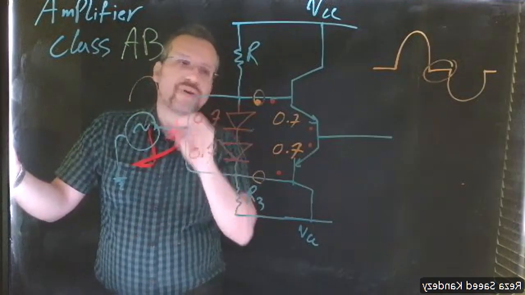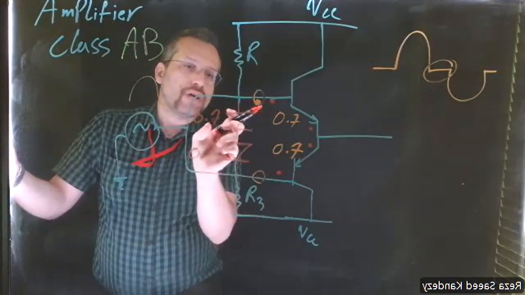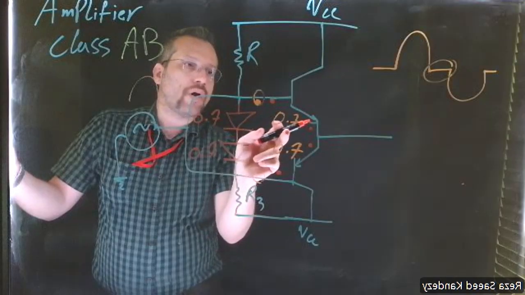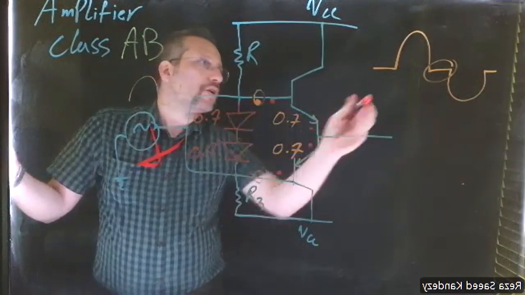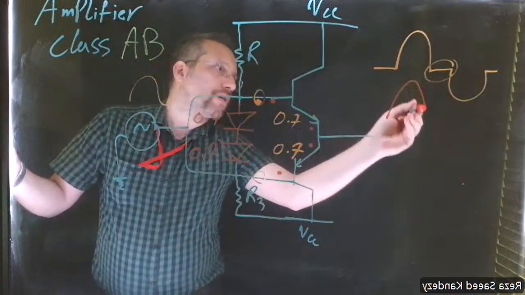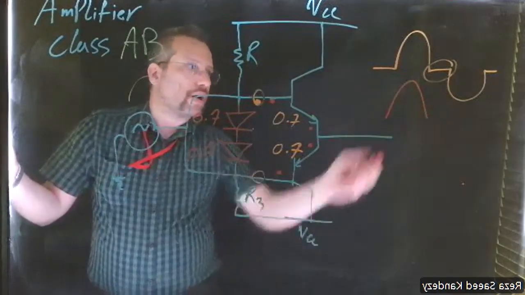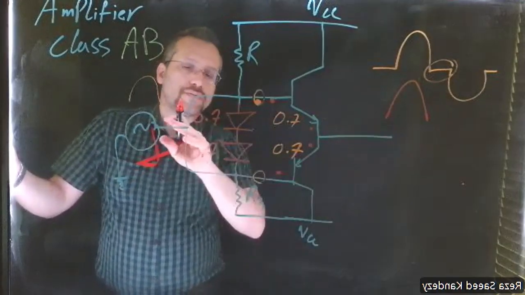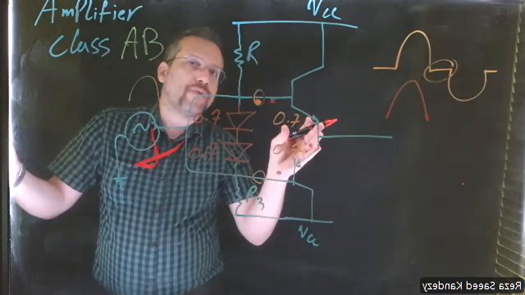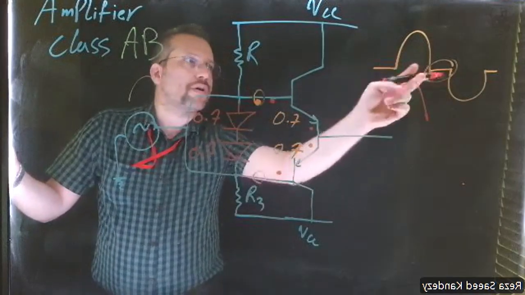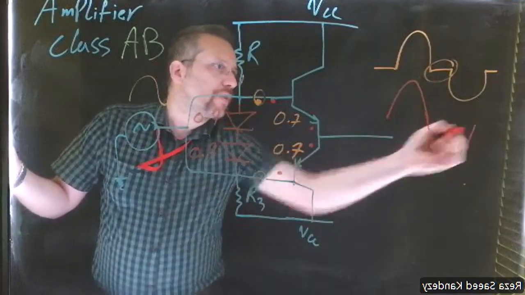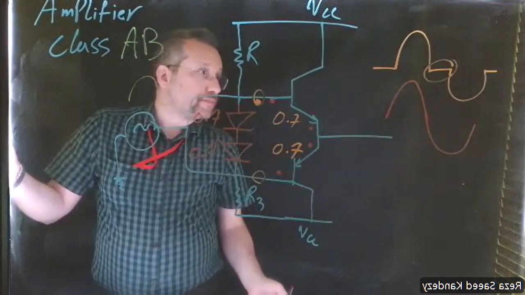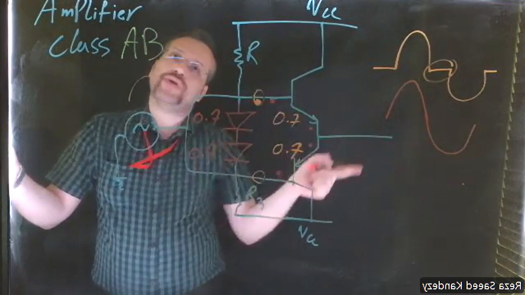So now in a positive half cycle, because we meet the required threshold voltage with this diode, our signal is going to go through the amplifier without any zero crossing distortion, and the same for the negative half cycle. Now, this is theory.